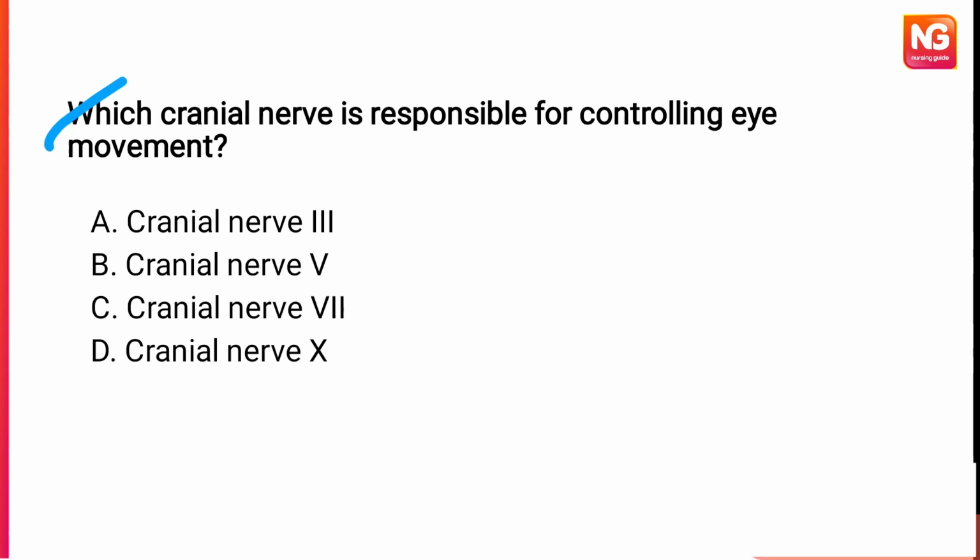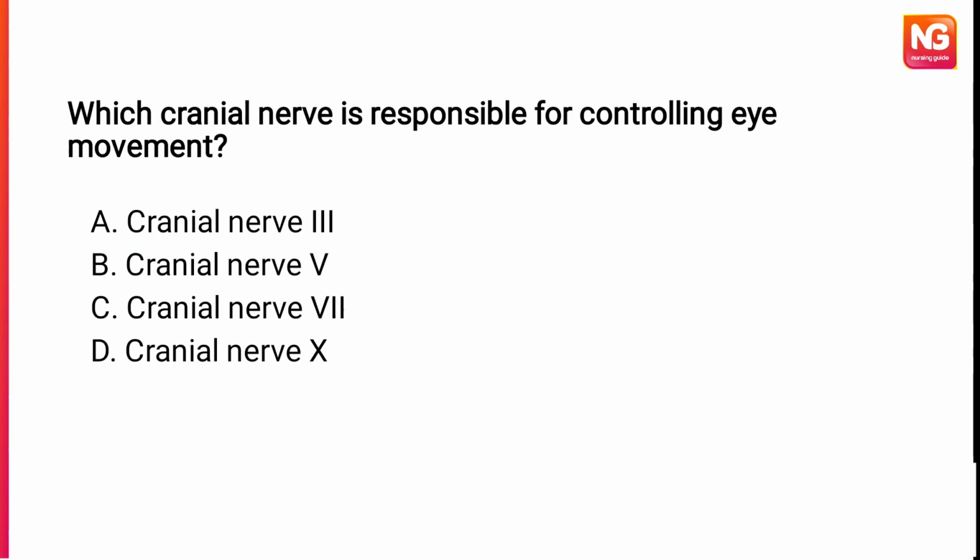Next, which cranial nerve is responsible for controlling eye movement? Option A, cranial nerve 3rd, option B, cranial nerve 5th, option C, cranial nerve 7th, option D, cranial nerve 10th. The correct answer is option A, cranial nerve 3rd is responsible for controlling eye movement.